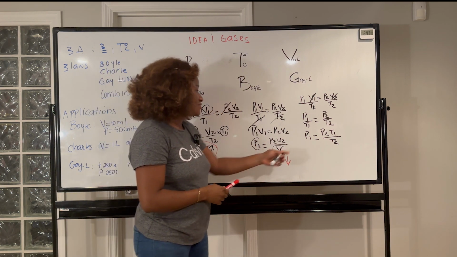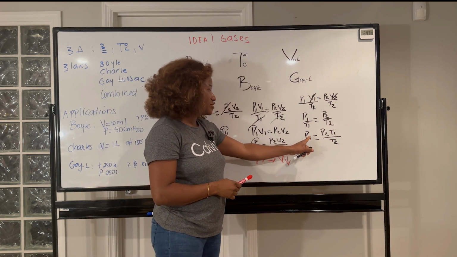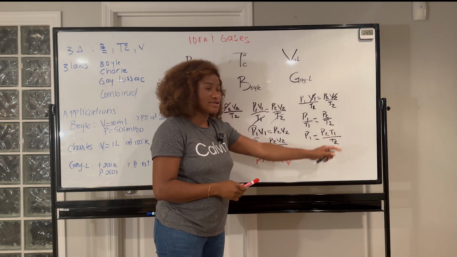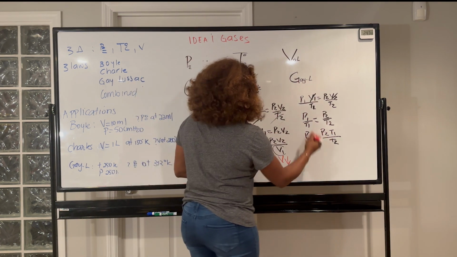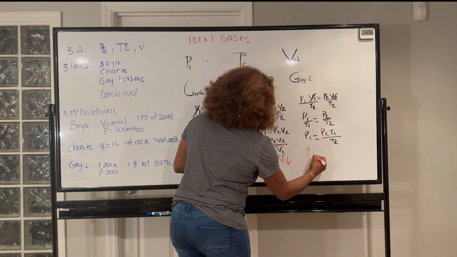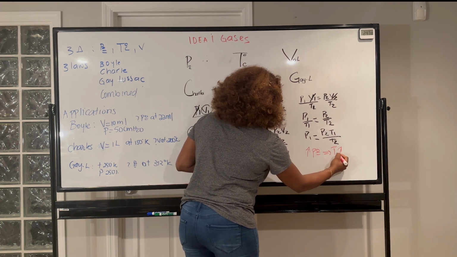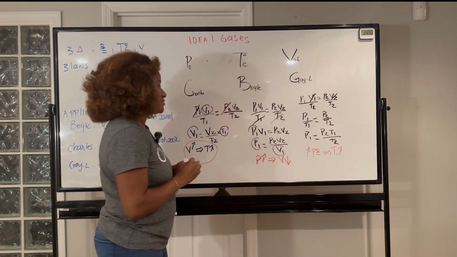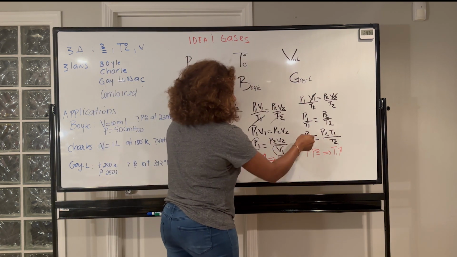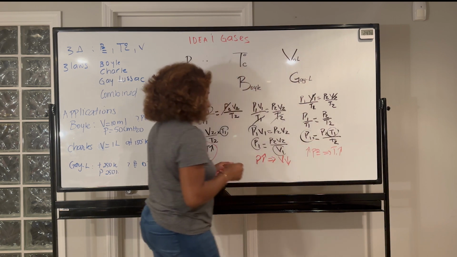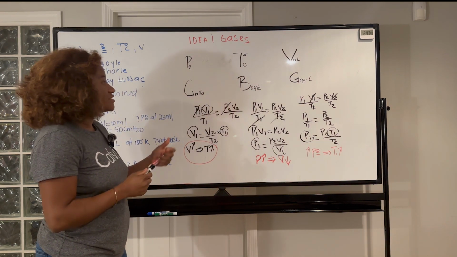According to the equation, my pressure varies according to my temperature. So as the pressure increases, my temperature increases as well, because P1 is on the same side as T1. And that's what Gay-Lussac's law says.